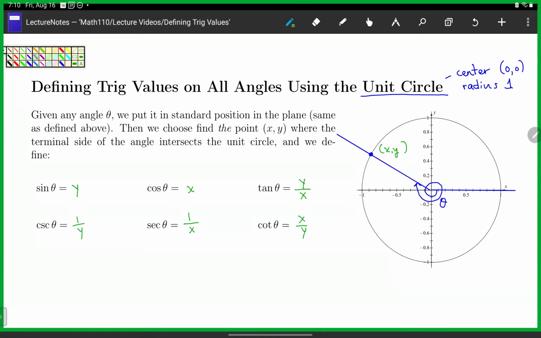And again, I want you to notice this is exactly the same definition, because if I drop a perpendicular to the x-axis here and make a right triangle, the horizontal distance is essentially my x-coordinate, the vertical distance is my y-coordinate, and the hypotenuse is a radius of this unit circle, so the hypotenuse is 1. So the sine of theta is opposite divided by hypotenuse, which is y divided by 1, which is y.